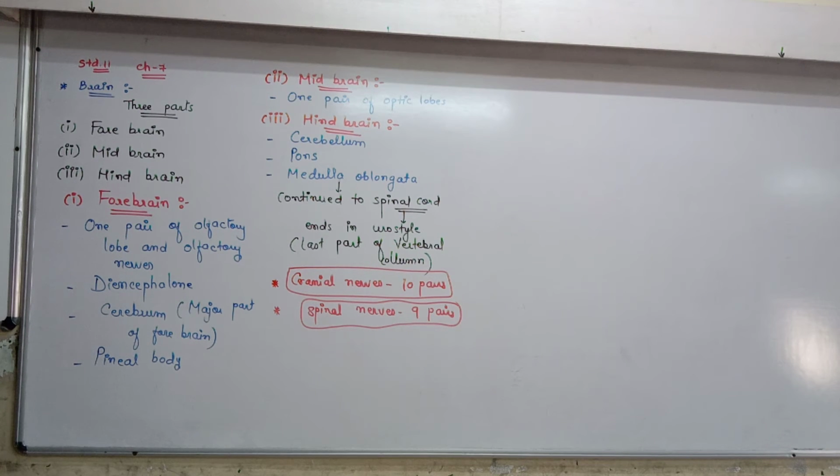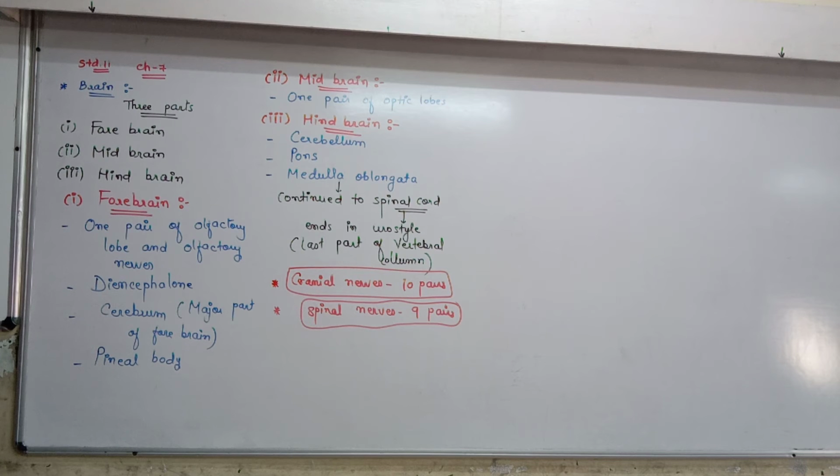There are 10 pairs of cranial nerves arising from the brain. Brain is enclosed by a bony structure known as brain box, also known as cranial cavity or cranium. The brain is divided into forebrain, midbrain and hindbrain.